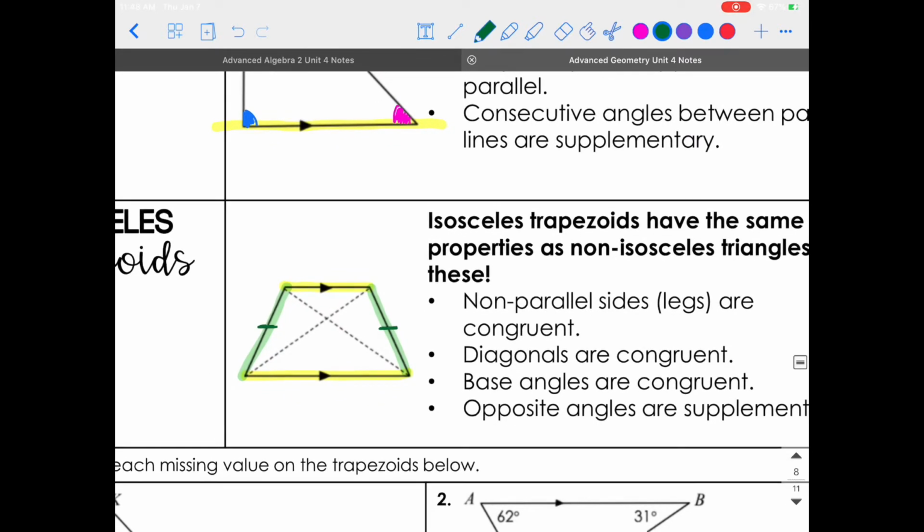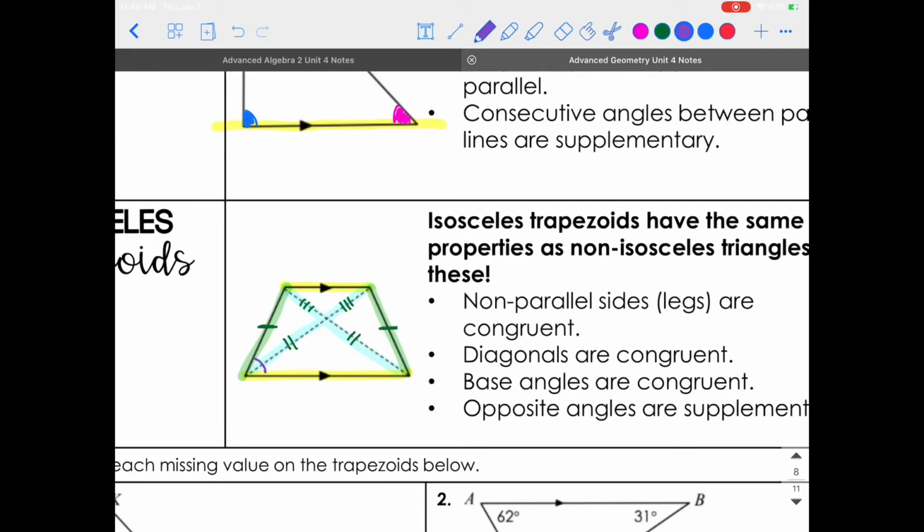Now the diagonals are congruent. They're the same length. And in those diagonals, this piece and that piece is the same, and those two are the same. So, a little different than what you're used to.